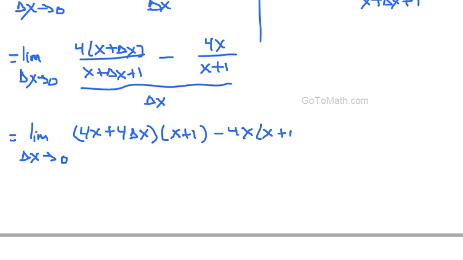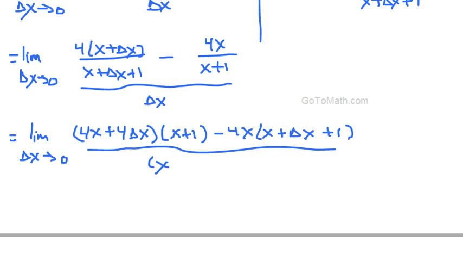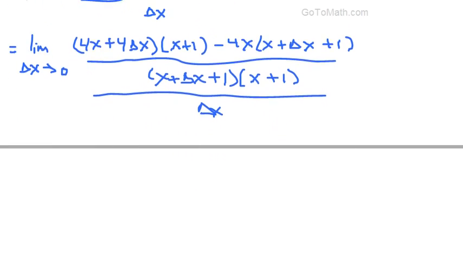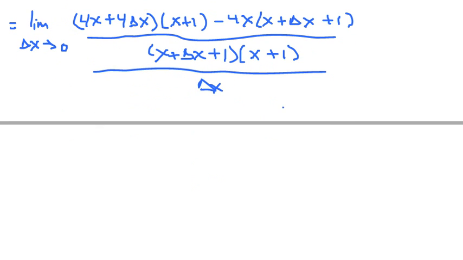So x plus delta x plus 1. Okay, and then, well, now we have a common denominator, and that is x plus delta x plus 1. This is not going to be nice. And then of course it's all over delta x. Okay, so now what we got going on here is we got to multiply this top together.